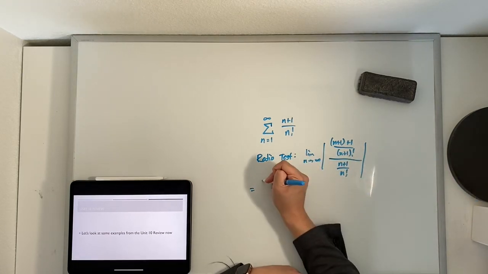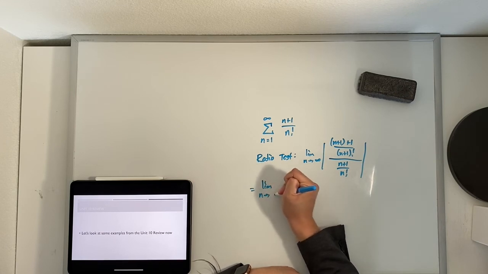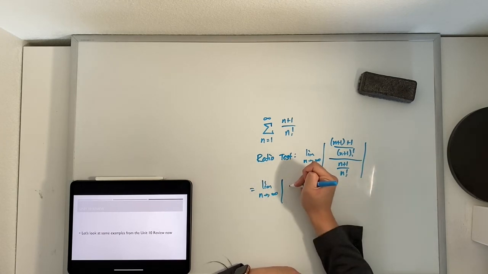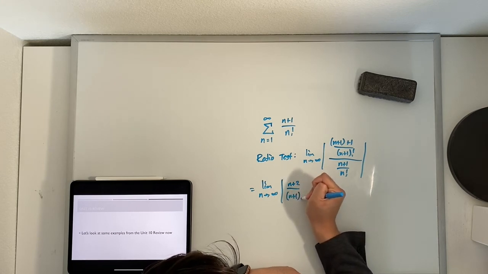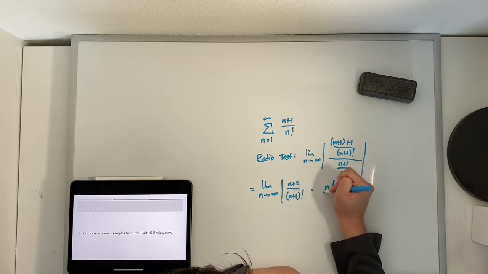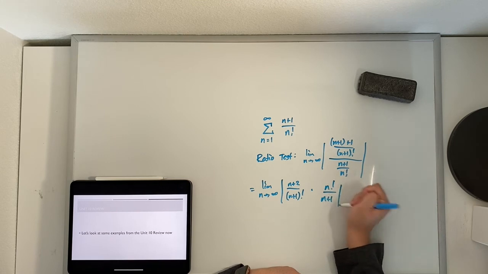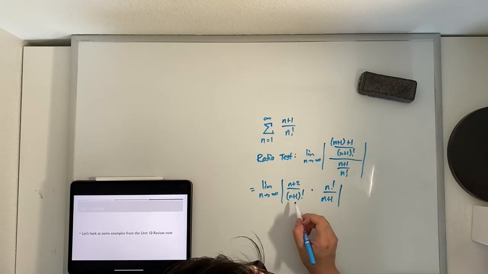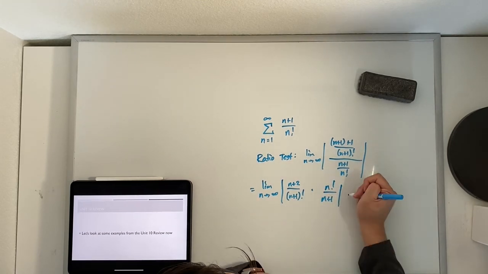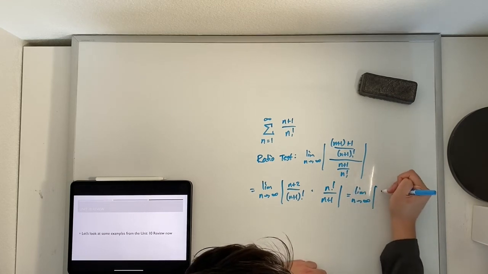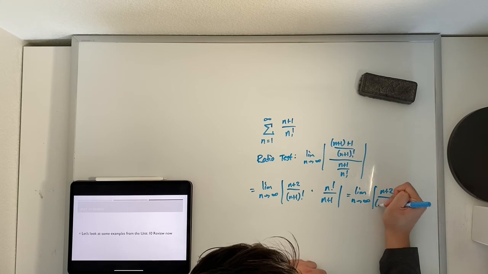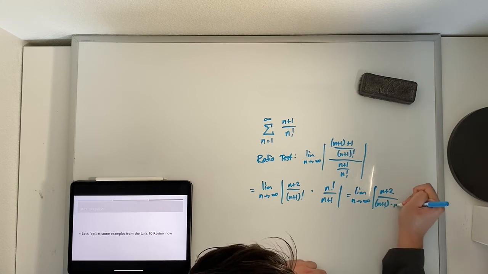Dividing by a fraction means multiplying by the reciprocal. So we end up with the limit as n approaches infinity of n plus 2 over n plus 1 factorial times n factorial over n plus 1. Now remember that n plus 1 factorial is the same thing as n plus 1 times n factorial.